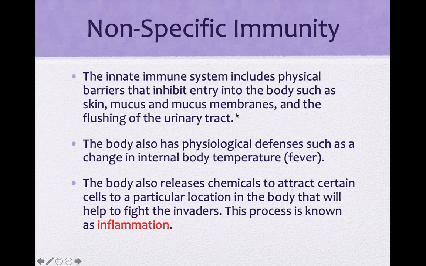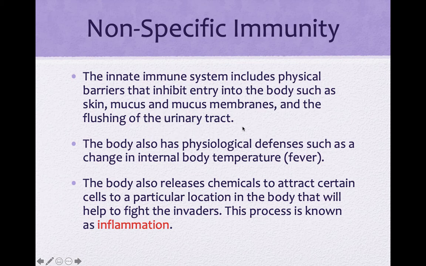And then one that's kind of odd is the flushing of the urinary tract. The flow of urine can push bacteria and other little organisms out of the urethra. It's kind of like the concept of a fire hose. The urine is being pushed through so fast, and those guys are so tiny, that it's like getting hit by a fire hose as the urine passes through the urinary tract and out the urethra.